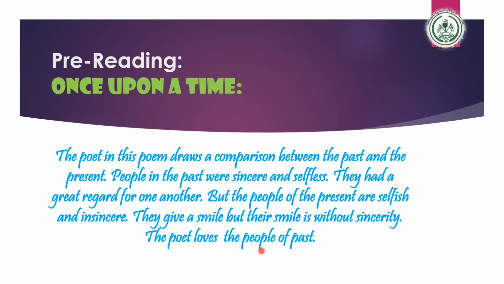But in the past, if people had a smile, it was with sincerity and with the soul of the heart, with the core of the heart. But today they only have the show, and that's why the poet loves the past people. So let's start what we have in the lesson on page number 263.